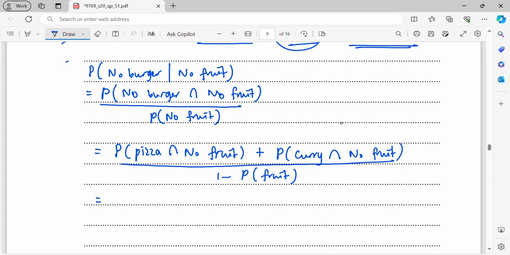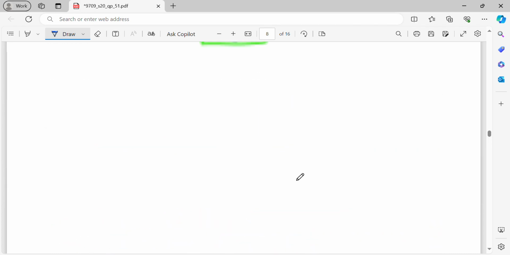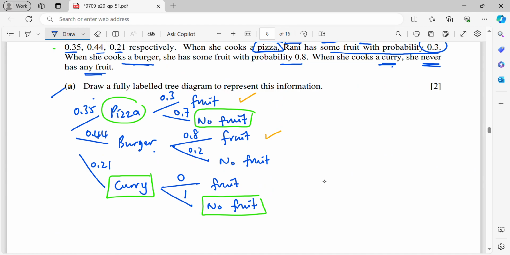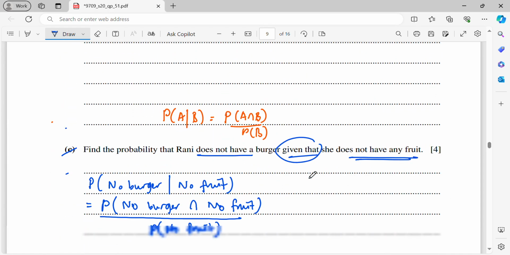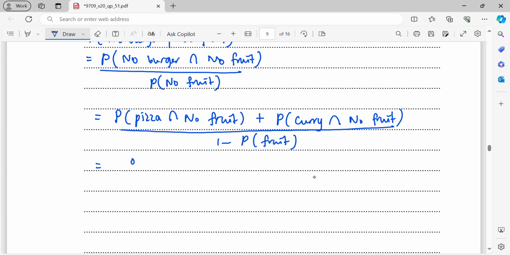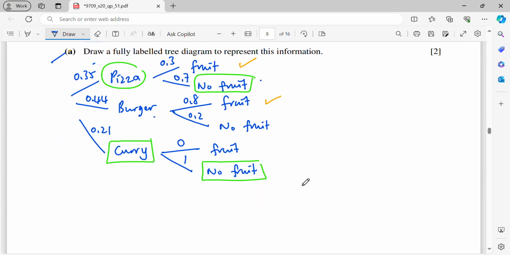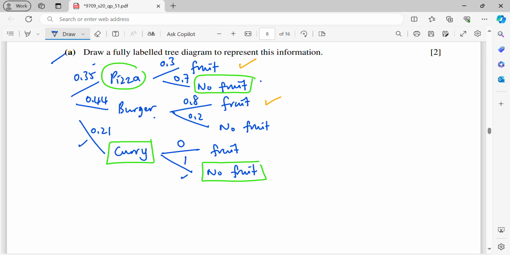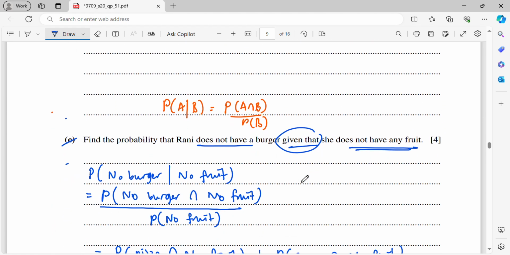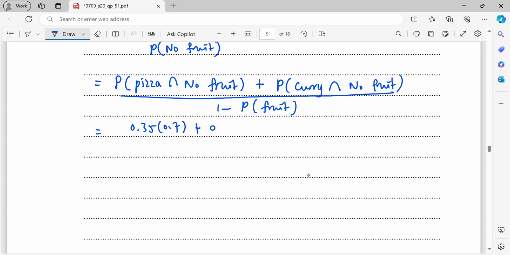So now from here, pizza and no fruit. Pizza and no fruits is basically 0.35 times 0.7. So 0.35 times 0.7 plus curry and no fruit. So that is 0.21 times 1, over 1 minus probably with fruit.